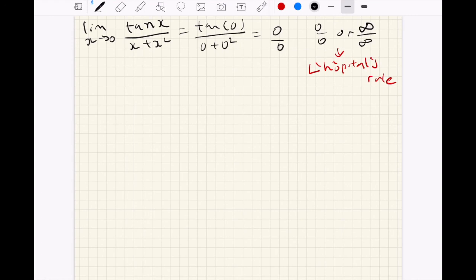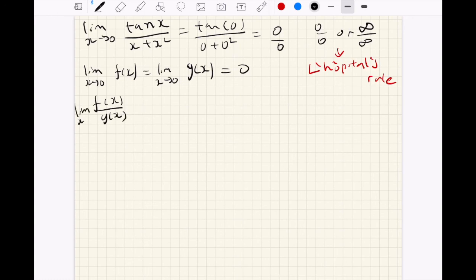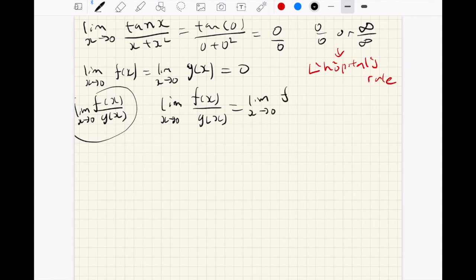L'Hopital's rule basically tells us that when the limit as x tends to 0 of f(x) and of g(x) are both equal to 0, given f(x) over g(x), when the numerator and denominator are both 0, then if this is equal to 0 over 0 or infinity over infinity, we can actually find the derivatives of the numerator and the denominator.